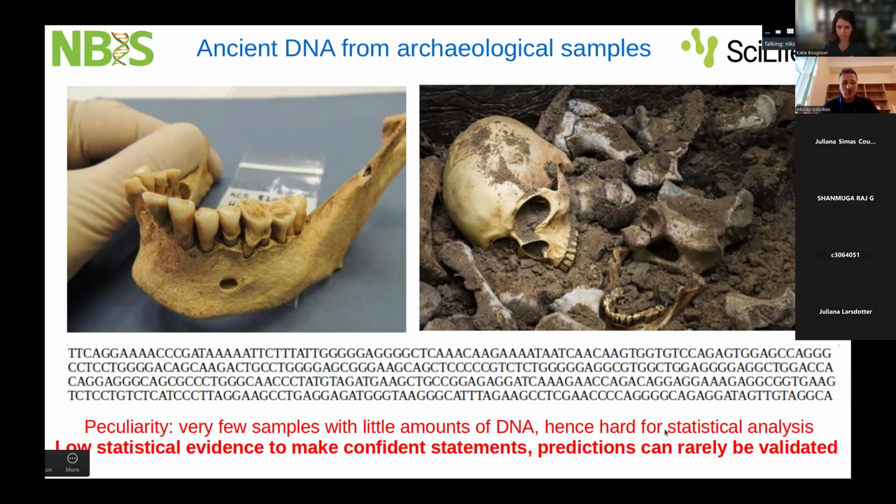So the ideas are beautiful, but do we have enough data to be confident about our statements? And moreover, we often cannot validate them. I think that validation is one of the major bottlenecks in ancient DNA analysis, because we can't go back in time and check in that particular population how their genetics looked like, and people in ancient DNA just say, well, we can't validate it.